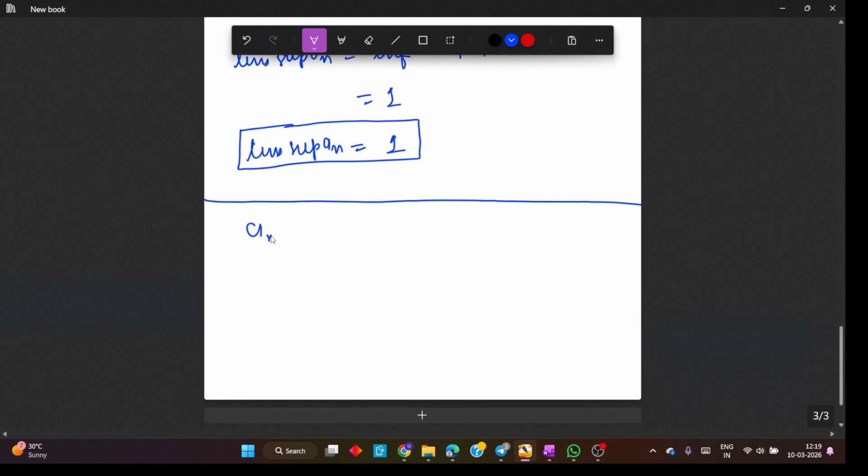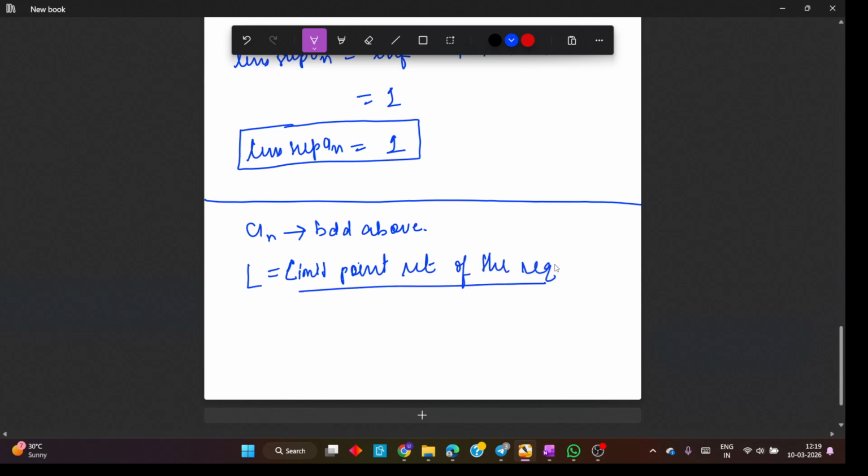Suppose we have the sequence a_n which is bounded above, and suppose L is the limit point set of the sequence a_n. Then the supremum of the set L would be limsup of a_n.